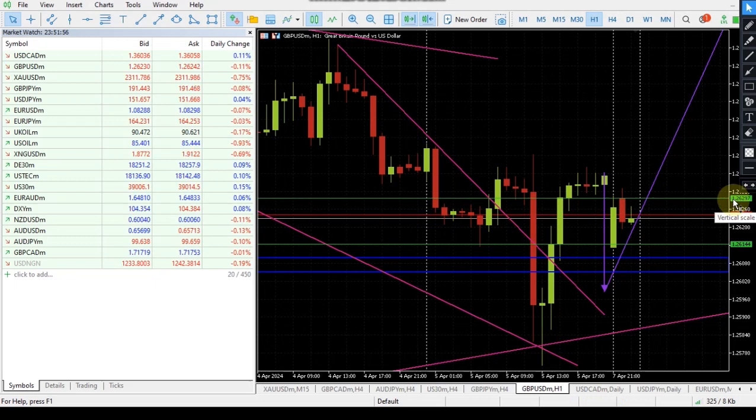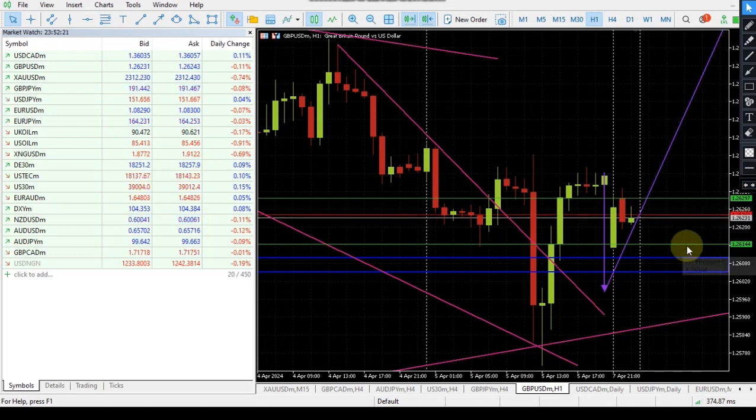What you have to do now, which I may not have the time to do with you, just do it yourself. Subtract this 1.26297 with 1.26114. Anything that remains from this subtraction with this green line here is your profit.